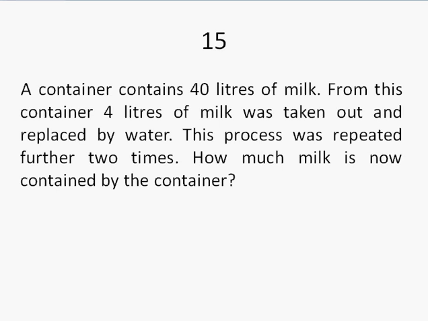So there is a very good formula, like you people always ask for the shortcuts. There is a very good formula for questions of this kind. Consider the container has x liters.